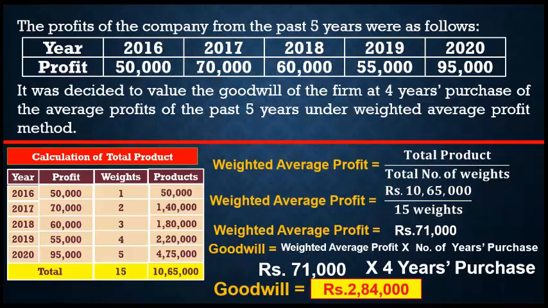Goodwill is equal to 2,84,000. 71,000 into 4 years purchase. Goodwill is equal to 2,84,000.